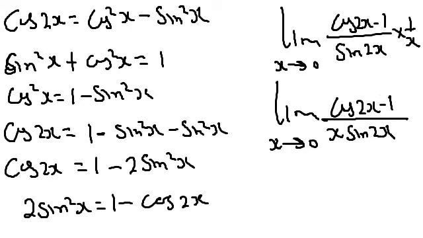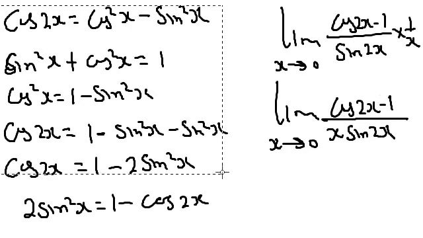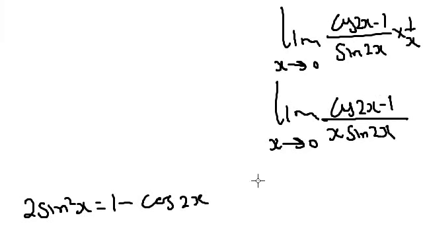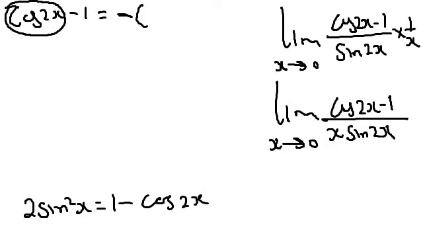But let's see. If we have cos 2x minus 1, then we factor out a negative sign. Factoring out the negative sign, this cos 2x will carry a negative sign, negative cos 2x, because when the negative sign is expanded, it should convert back to positive.